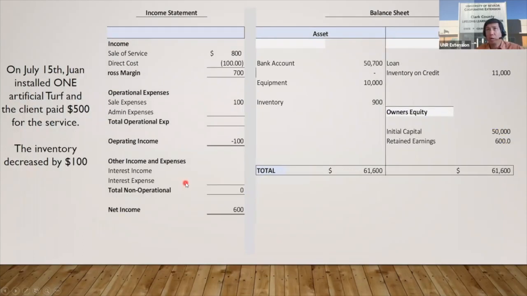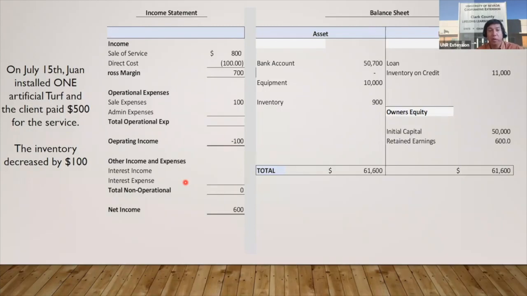We move on. On July 15th, Juan installed one of the artificial turfs, and the client paid $500 for this service. So the inventory went down $100, but we made money, $500. Cool.